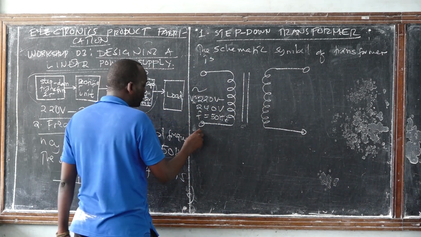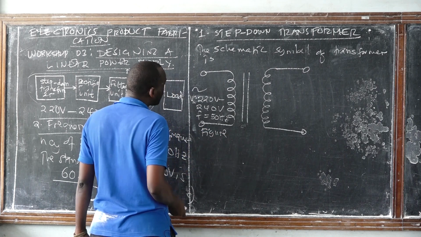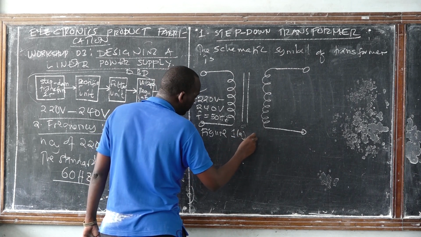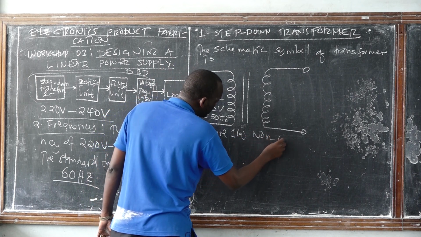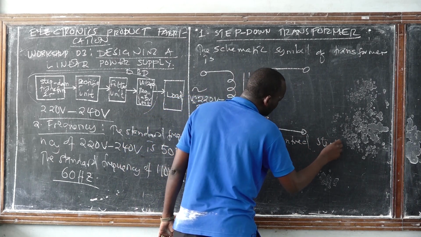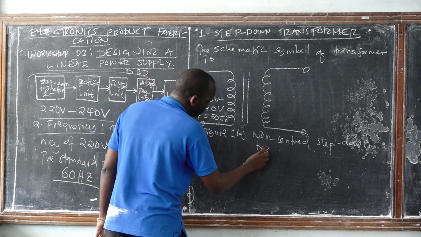So this one we call figure 1A, which is the non-centered step down transformer. I don't remember the number of the figure.